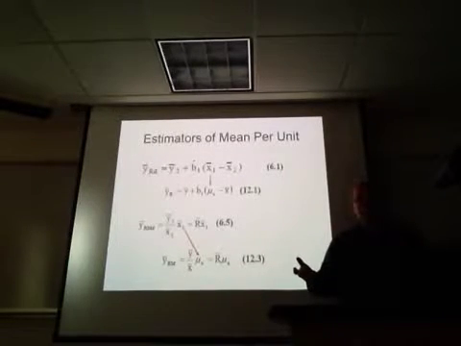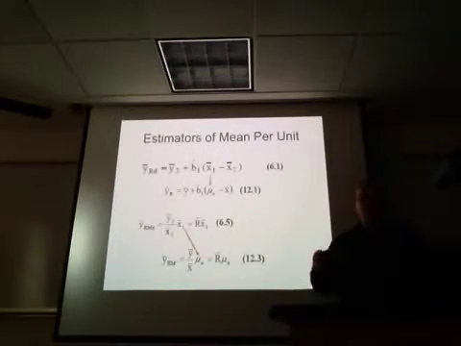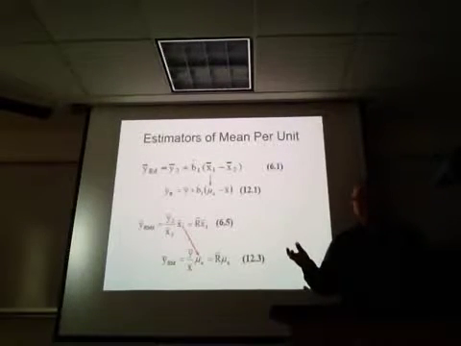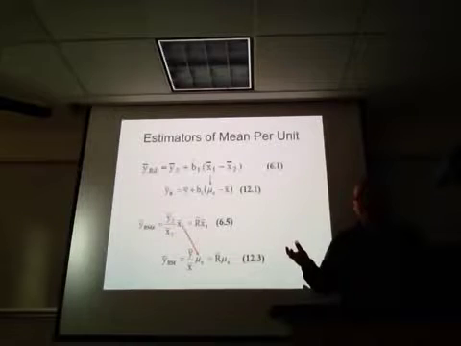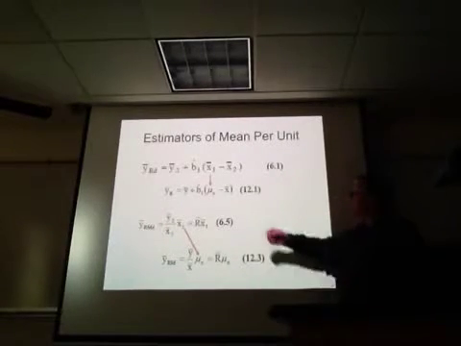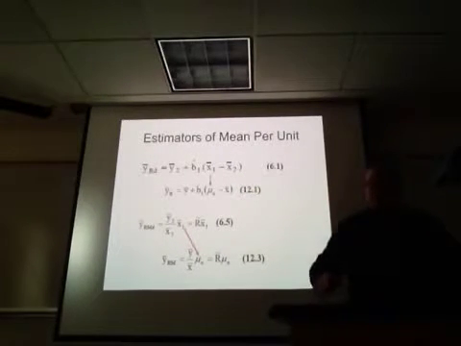I don't know mu of x. So which is a better estimate of the population mean of x? X bar 1 or x bar 2? X bar 1 is a bigger sample, right? X bar 2 is just the mean of the sample that I have both x's and y's on.